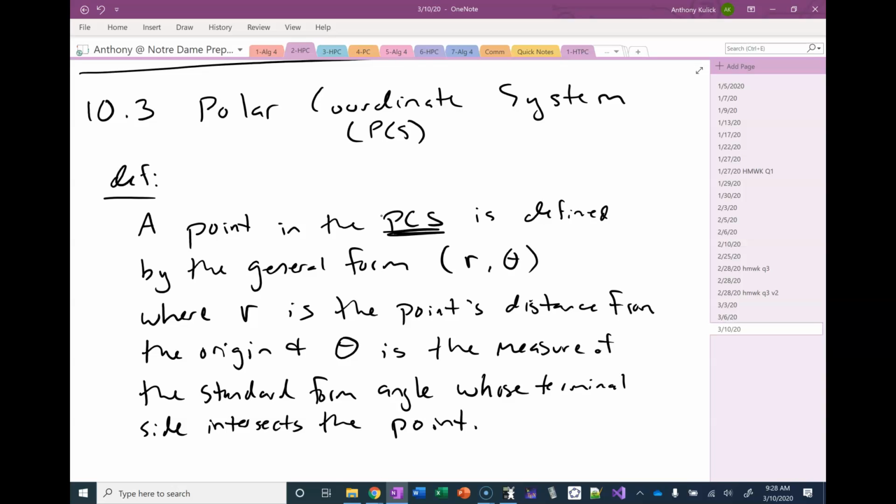When you read this definition, what does this sound a lot like? Sounds like the magnitude and direction definition of a vector, right? Where we defined a vector with a magnitude and a direction. This is very much the same idea here.